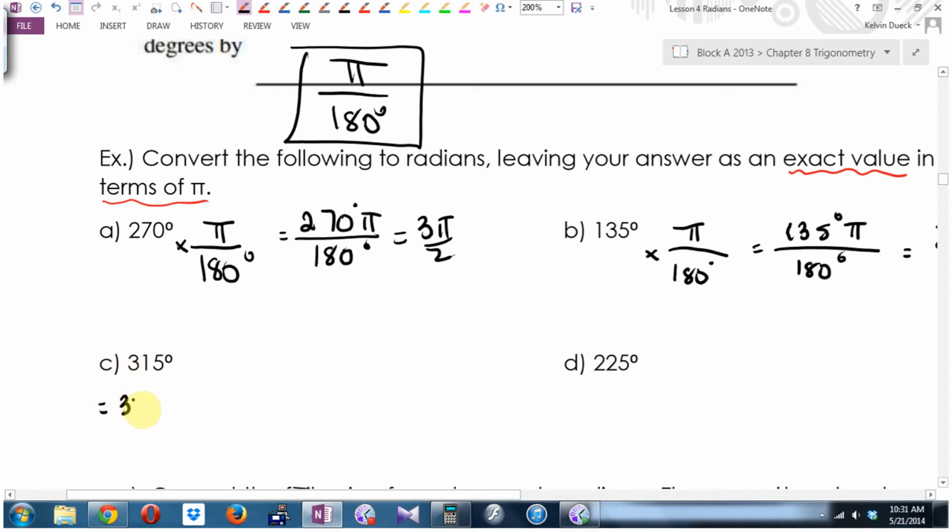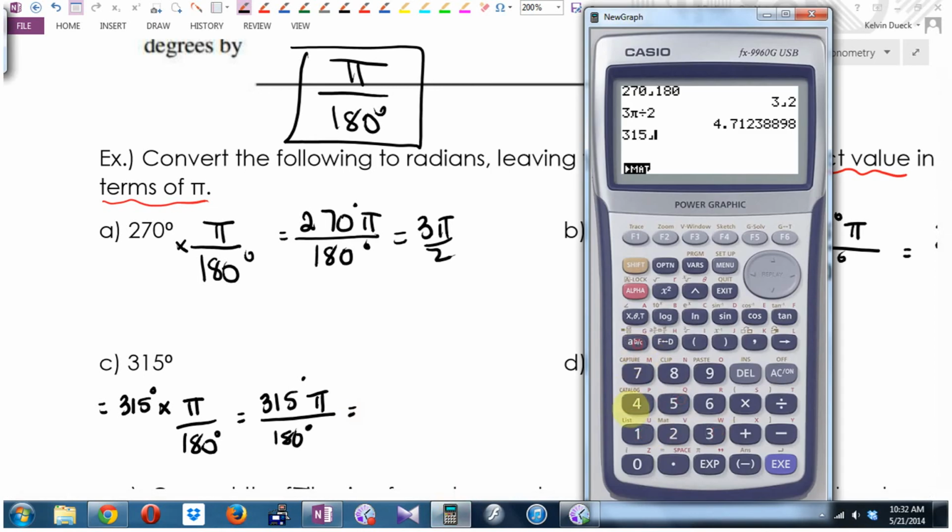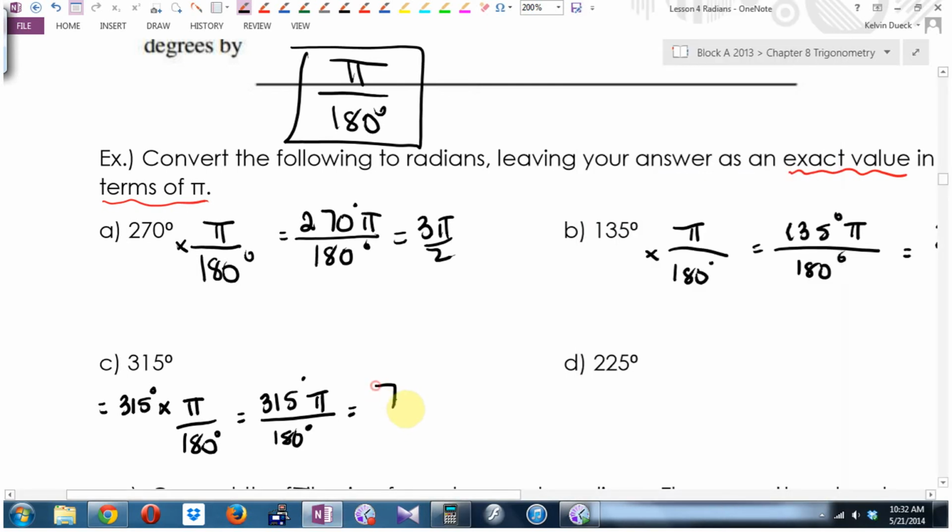That's going to be 315 degrees times pi divided by 180, which is going to be 315 pi over 180. That's my conversion factor. What's 315 over 180 in lowest terms? 7 pi by 4. Try 225 degrees on your own.